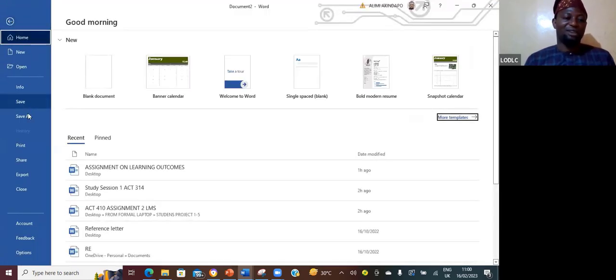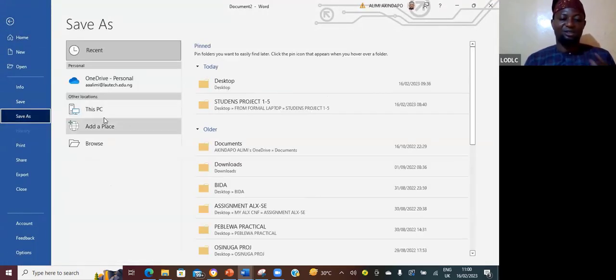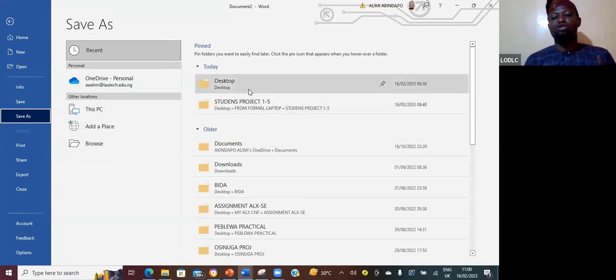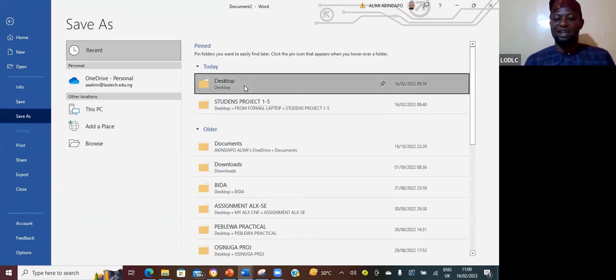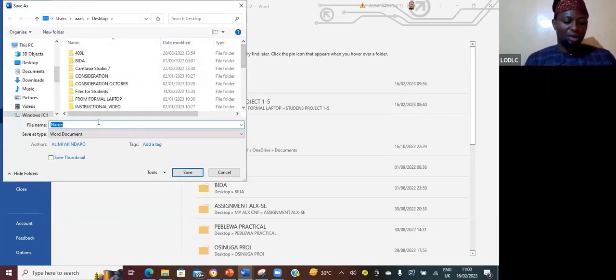You click on File, you click on Save As if you want to save your file. You must ensure that you save your file to a location where you can easily access it. Let me save it to my desktop. I will just say ACT314 assignment 1. Use a particular file name that you can easily recognize for that assignment, because if it is not assignment 1, you might have a conflicting result.